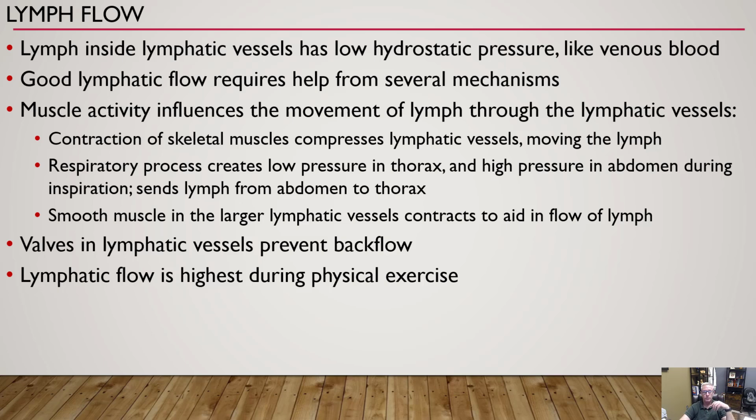We talked about muscular contraction. Remember, contraction of skeletal muscle compresses the venous system and helps move the blood, but it also does that with the lymph as well. When we take deep breaths and we breathe out, that mechanism is going to create low pressure in the thorax, or your thoracic cavity, and help move the lymph.